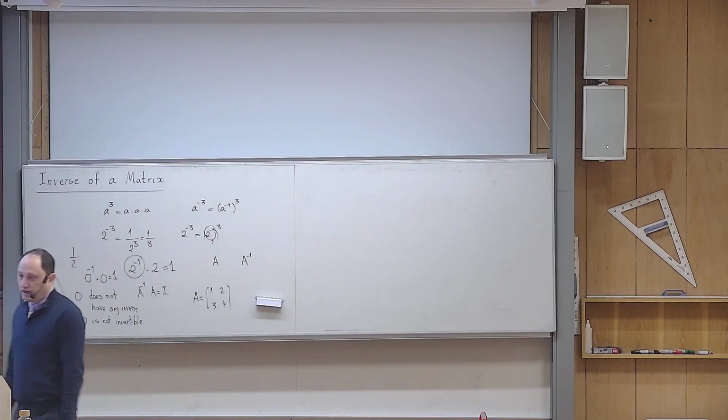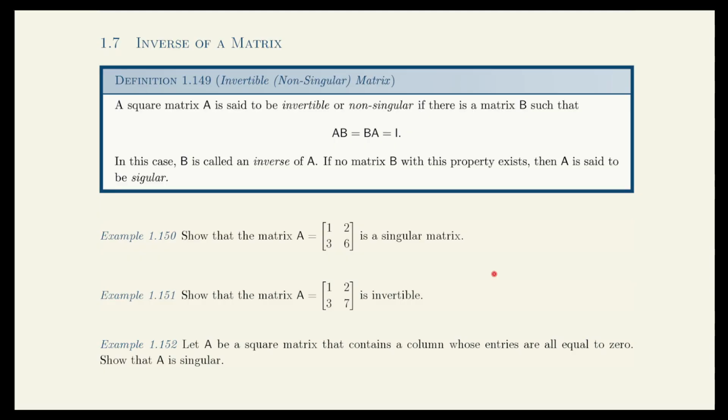So now I think it is time to see the formal definition. So this is the definition: invertible, or sometimes people call it non-singular matrix. Okay? A square matrix A is said to be invertible or non-singular if there is a matrix B such that AB is equal to BA is equal to I. That is another problem when it comes to matrix theory.